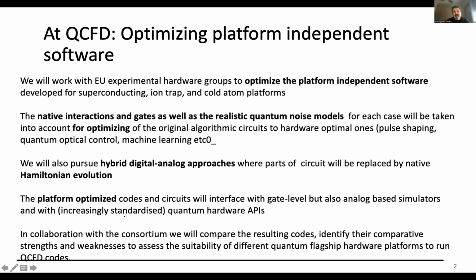And as we say in the proposal, this platform-optimized codes and circuits should interface with gate level, but also ideally the analog machines available, and with standardized APIs, Qiskit for example, or whatever other API people might be using.